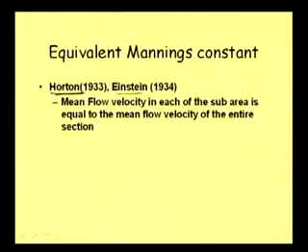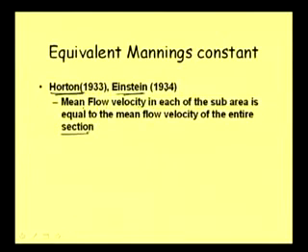They did the study almost parallelly, and they went by the assumption that the mean flow velocity in each of the sub areas is equal to the mean flow velocity of the entire section. That was the assumption, and based on that assumption they derived one relation for equivalent roughness. When they calculated the mean flow velocity of the entire section, they used an equivalent Manning's constant.